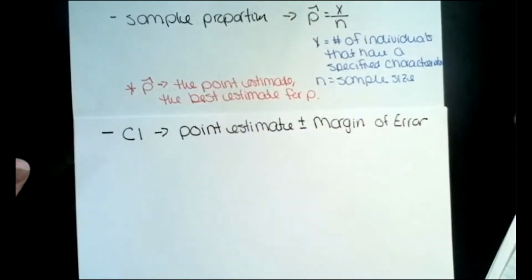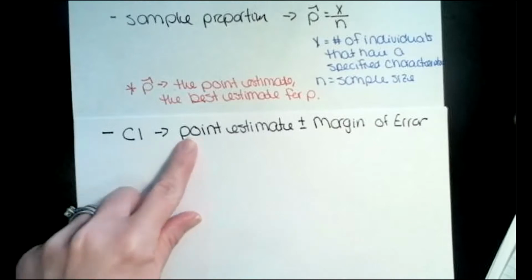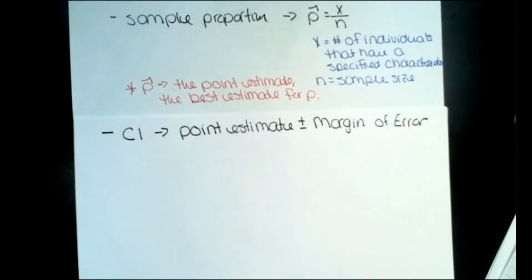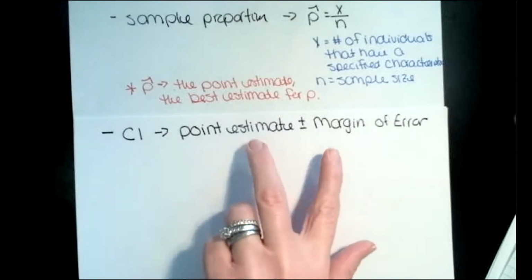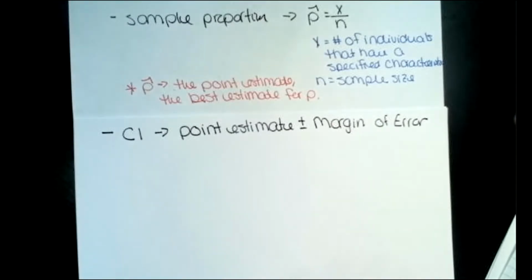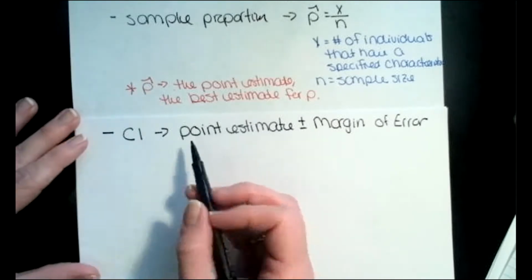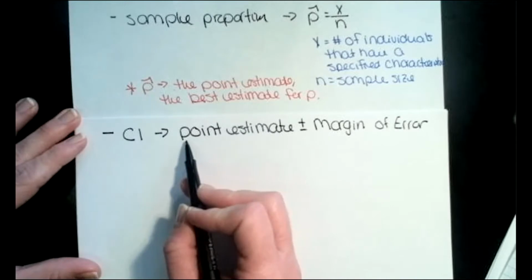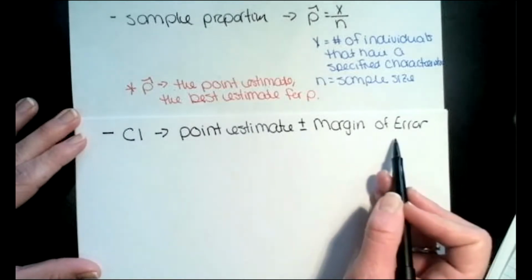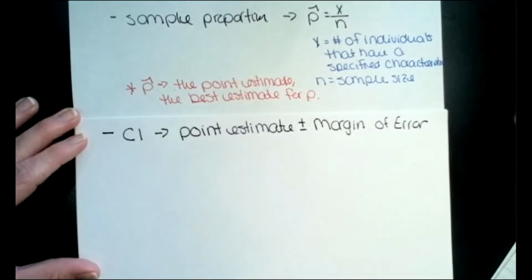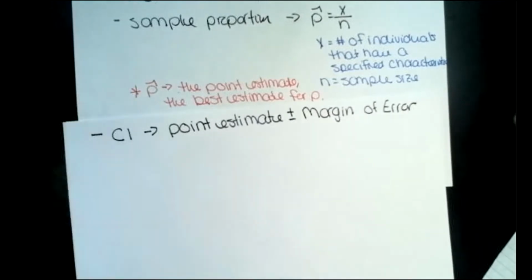Anytime we look at a confidence interval, we will always see that this is the equation I'm going to use or the formula I'm going to use. Then what we plug in changes based on the type of data we have or the type of problem we're working with. So every time we say CI, you're going to see me write point estimate plus or minus margin of error, okay? And so that you will just see throughout the semester.